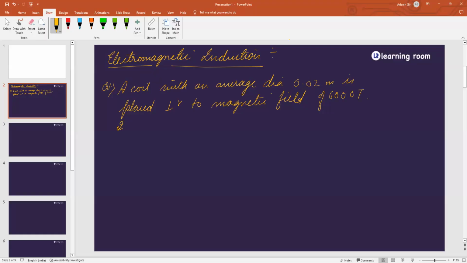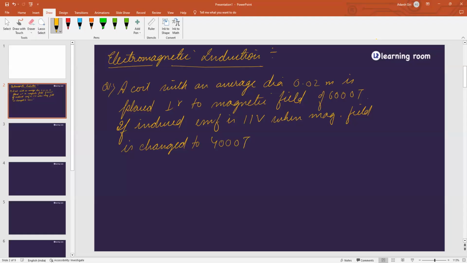If the induced EMF is 11 volts, and in that case, the magnetic field has been changed to 4,000 Tesla, sorry, and this happens in 4 seconds. So to find the number of turns in the coil, what is the number of turns in the coil?